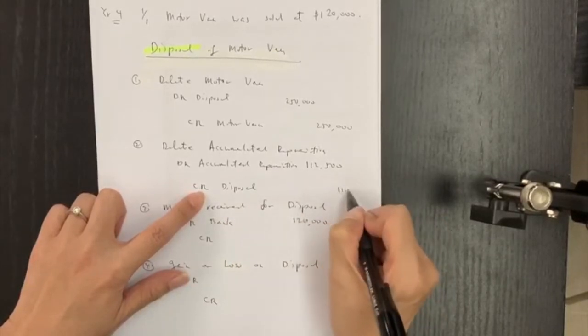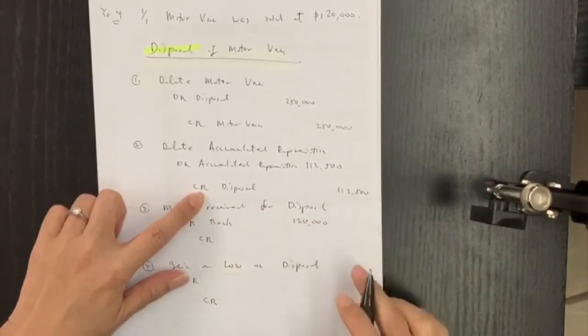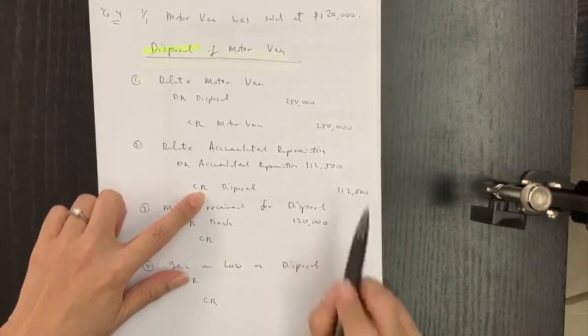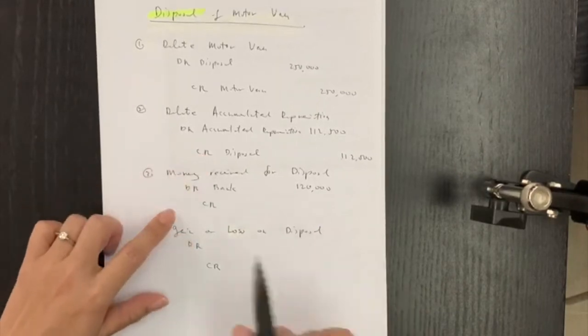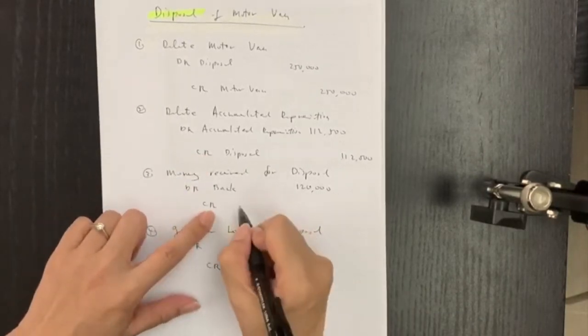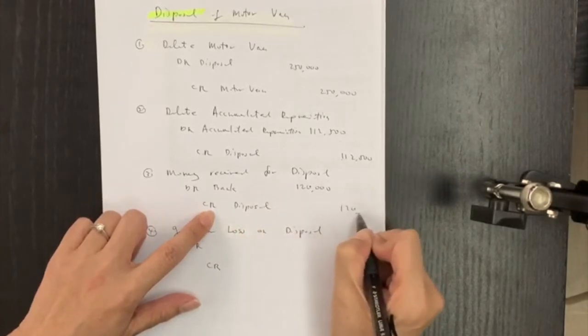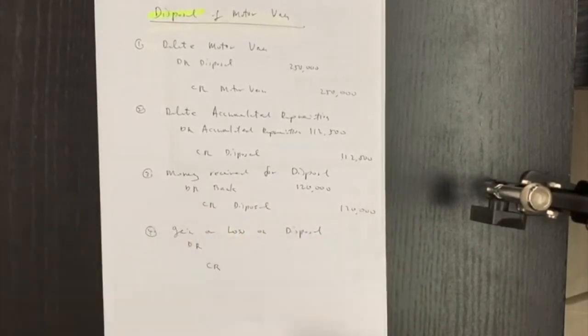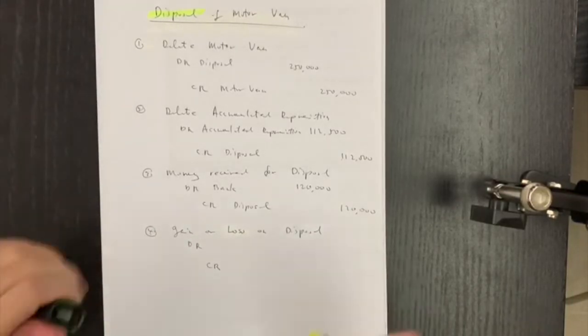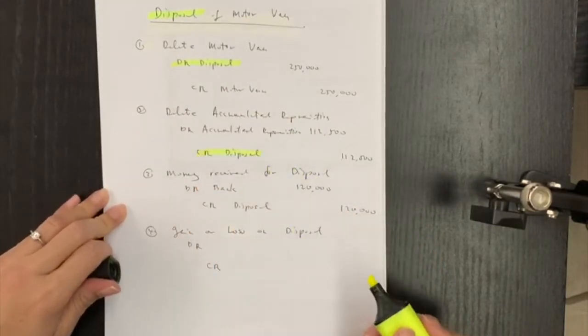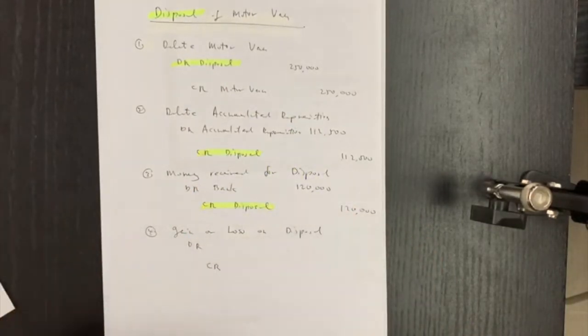So I have 112,500. And for the money received, I credit the disposal account by this much. So what is the new thing here? You can just insert the disposal account in this way.